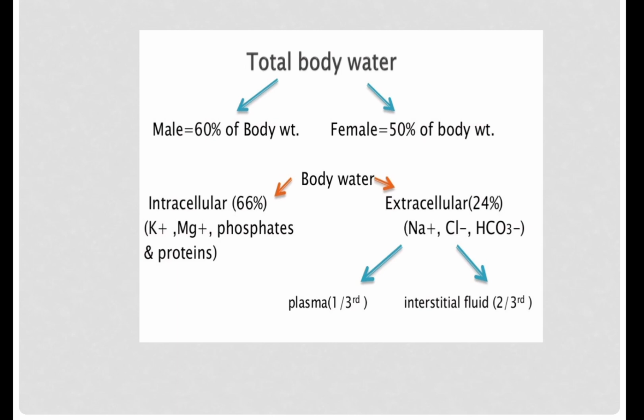Body water is intracellular and extracellular. Intracellular, which is 66%, contains potassium, magnesium, phosphate and protein, while extracellular fluid contains sodium, chloride and bicarbonate. Plasma is 1/3 and interstitial fluid is 2/3.